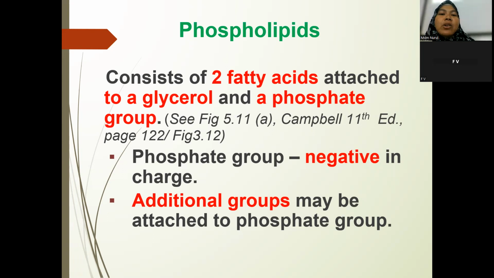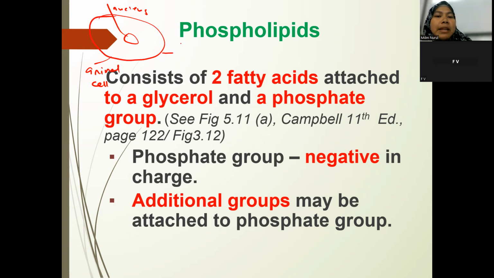Right. So, phospholipid ni, dia macam ni. Okay, let's say this is an animal cell. Okay, ni nucleus. So, ini yang kita panggil cell membrane ataupun plasma membrane.